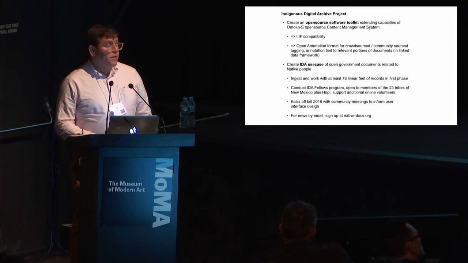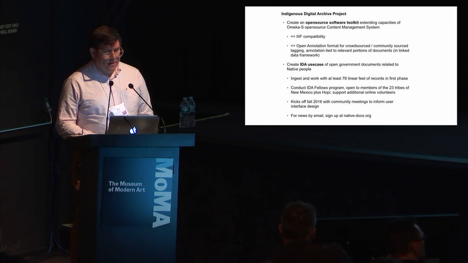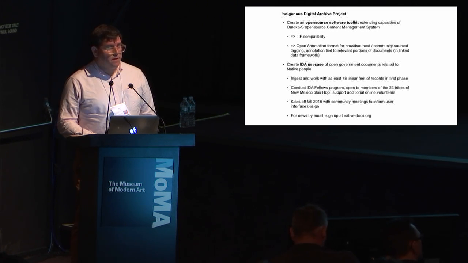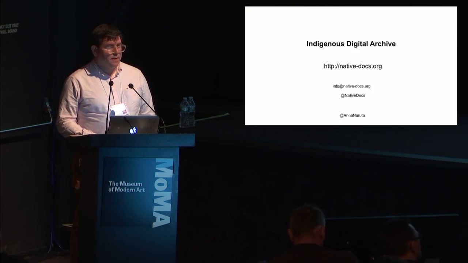The grant project will initially work with 78 linear feet of records at a minimum in its first phase, and develop a fellows program open to the members of the 23 tribes of New Mexico plus Hopi, and provide additional support for online volunteers. It's starting this fall with community meetings to inform user interface design, and visit nativedocs.org if you'd like more information. Thank you.